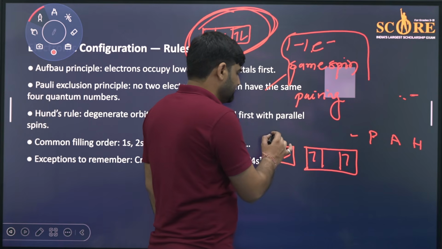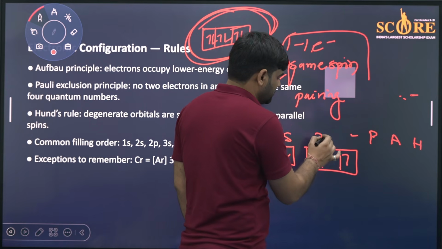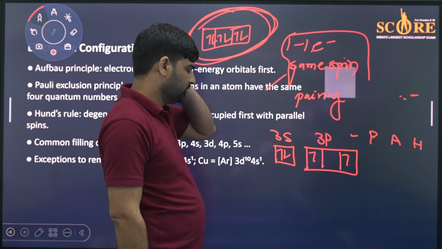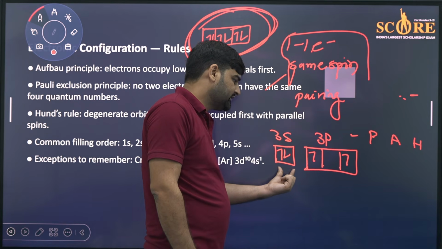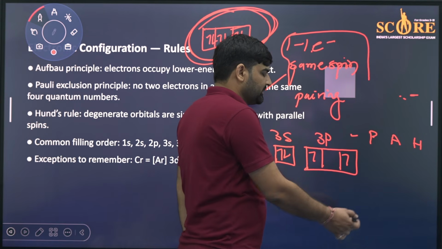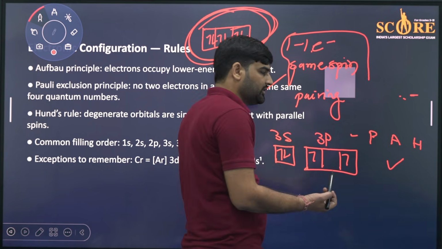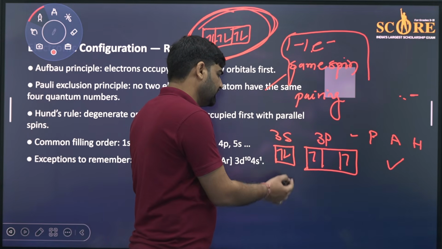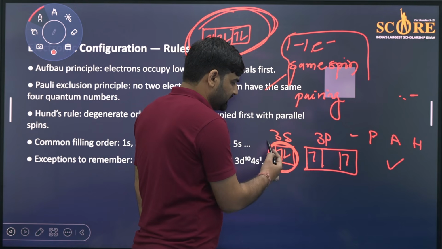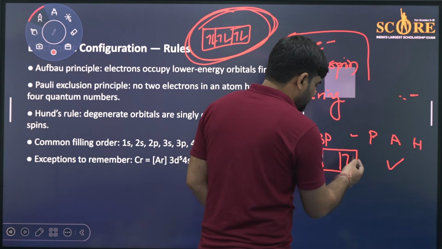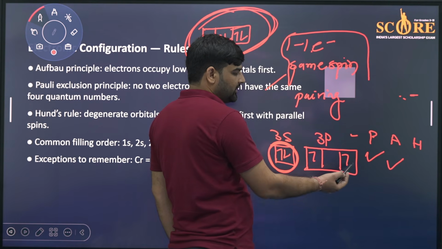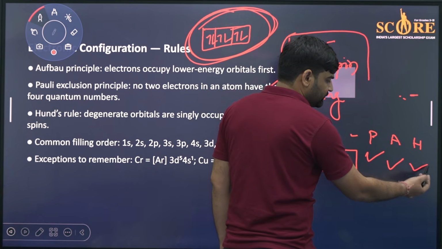I assume this is 3s and this is 3p. First this is completed, after that this is filled up, so the Aufbau principle is followed. The Pauli principle is for one orbital. It tells that only 2 electrons are filled with opposite spin. Hund's principle says that one electron with the same spin, there is no issue.